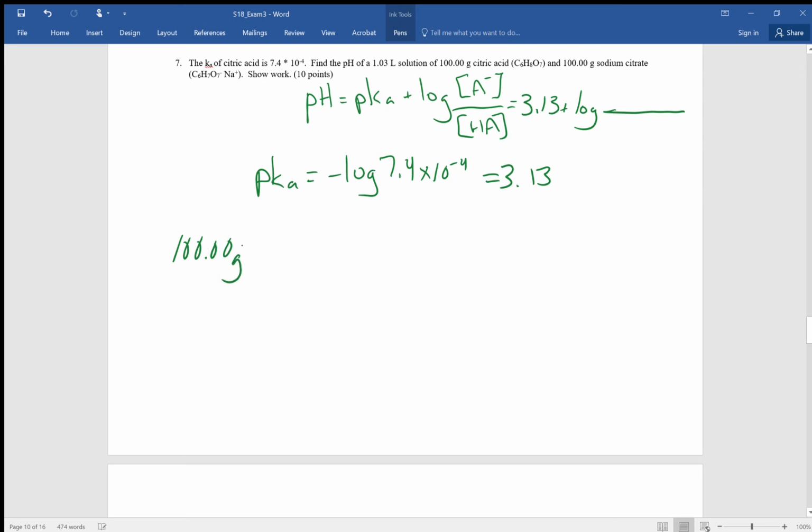We have 100.00 grams. We know that the molar mass, or we can calculate the molar mass of citric acid, and that's 192 grams. So again, we're looking at HA here. So this allows us to calculate the number of moles.